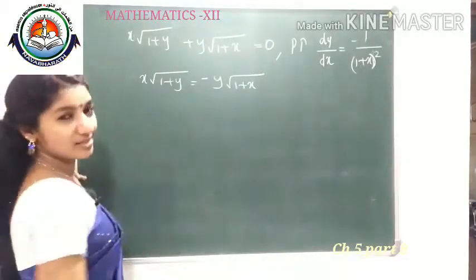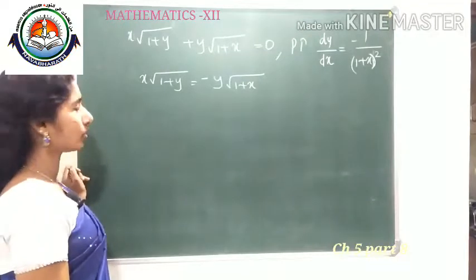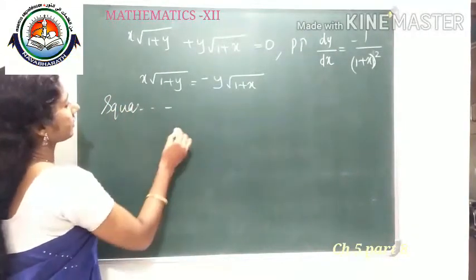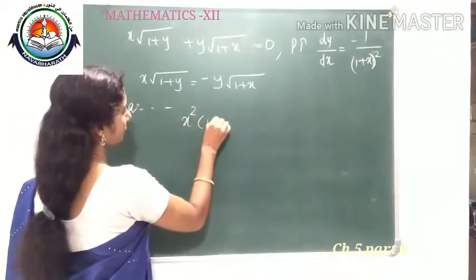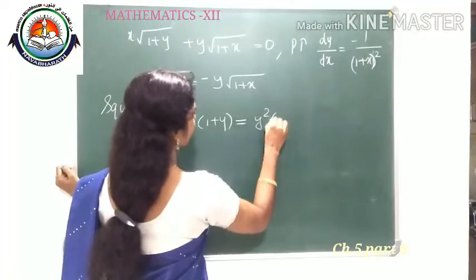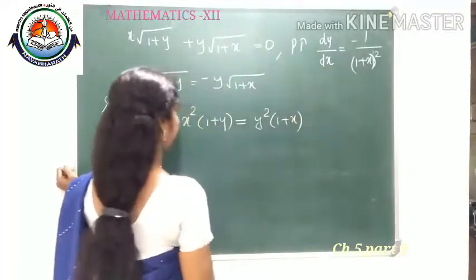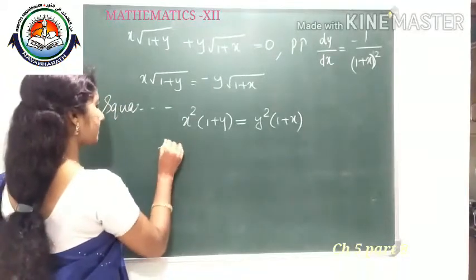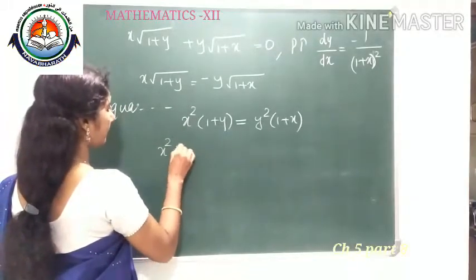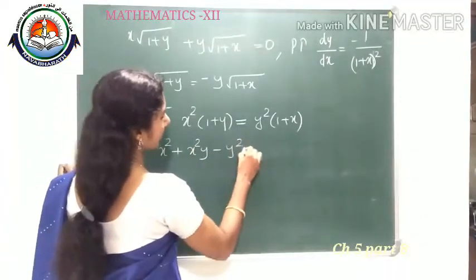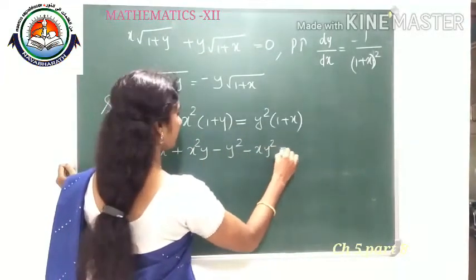Then to avoid this square root, we are squaring on both sides. Squaring, we are getting x square into (1 plus y) equal to y square into (1 plus x). Okay, then take to this side. x square, removing the bracket, x square plus x square y minus y square minus x y square is equal to 0.